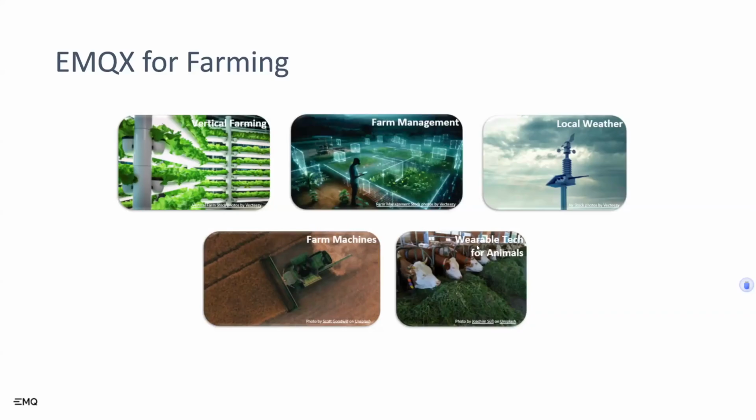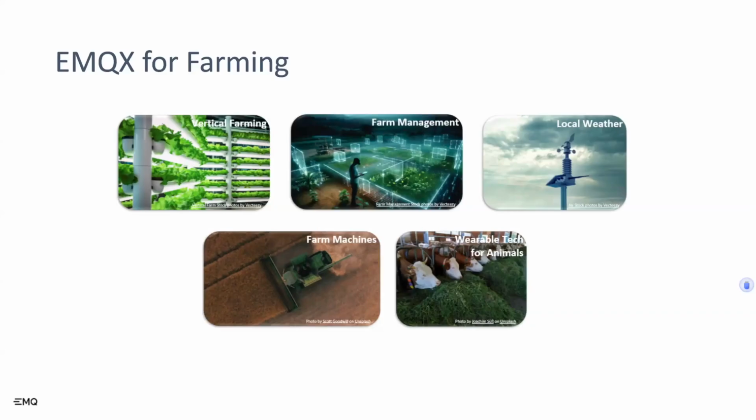And the fifth scenario is, somehow, we have wearable devices like the smart band or smart watch, and also for the animals in your farming land.